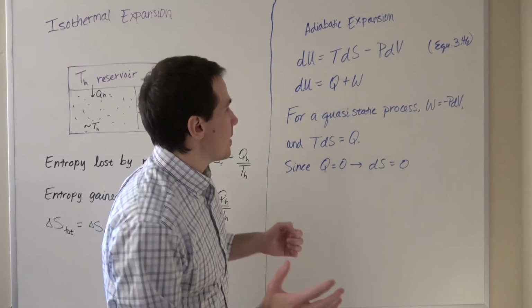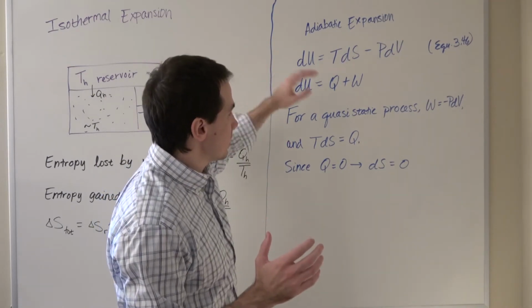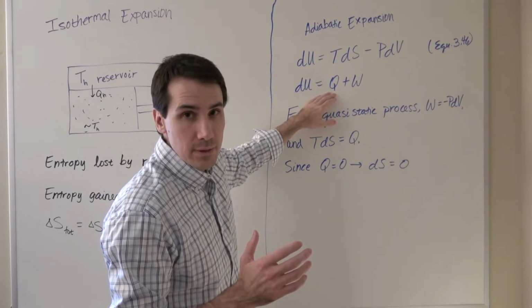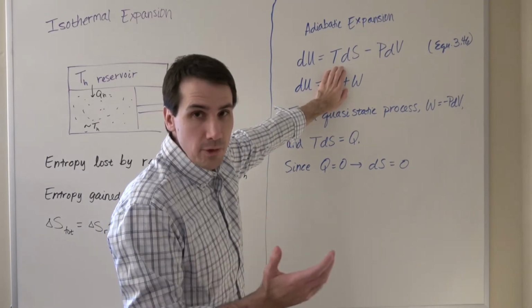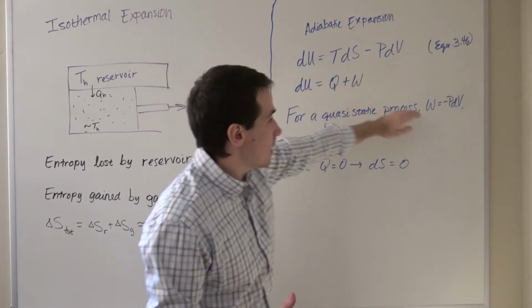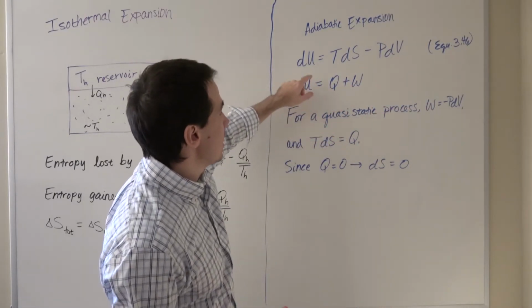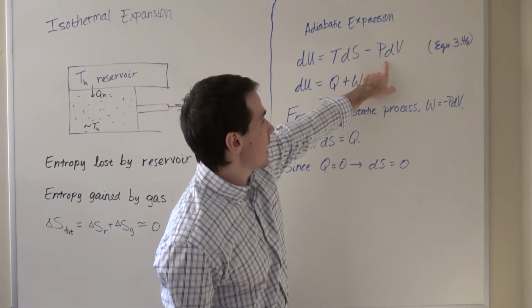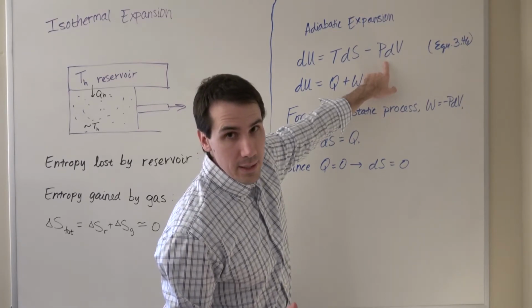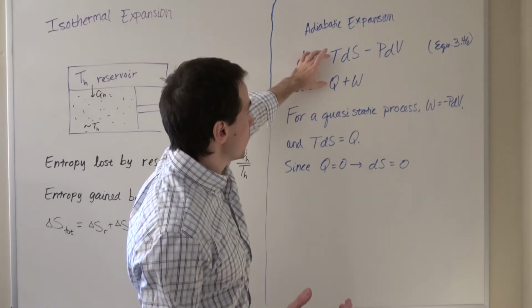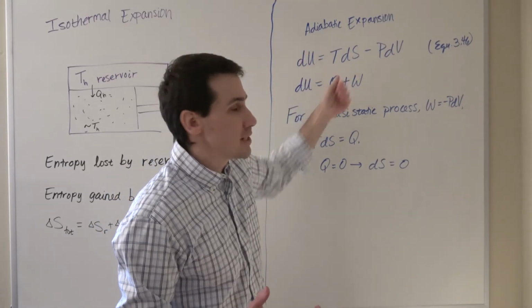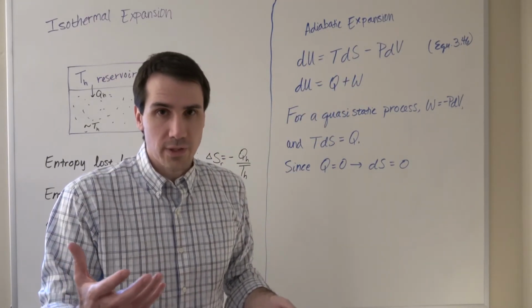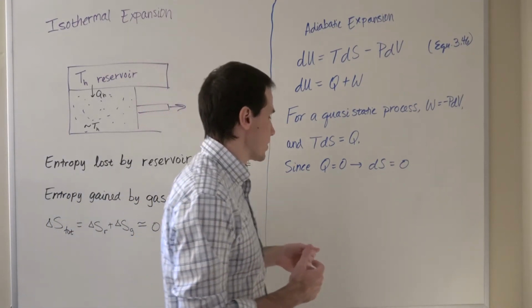So for an adiabatic process, we have Q equals 0, which leads to dU equals just W. But if W equals negative PdV, then dU also equals negative PdV, right? And therefore, these two must both be 0. If Q is 0, then TdS is 0, as long as you're dealing with a quasi-static process.